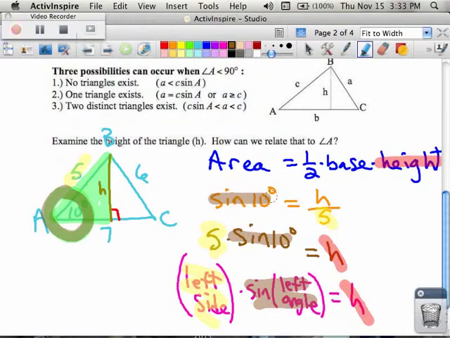Now the reason I'm telling you that is in the stuff that we're going to talk about next. What you'll see is that when we talk about the height, everything that we do here is in reference to the height. All three of those pieces are talking about height. So C, you'll see, is the left side, and the sine of A is the sine of the left angle when you set up your triangles.